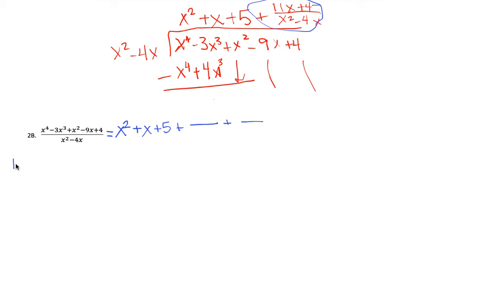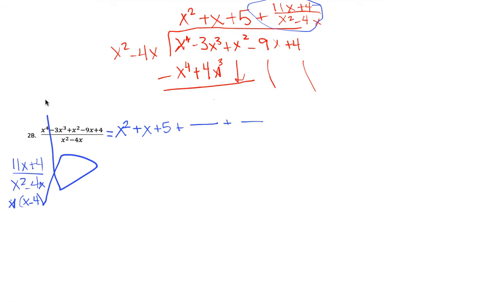So we're going to take this part and decompose that. I have 11x plus 4 over x squared minus 4x. If I factor out an x, I have x minus 4.